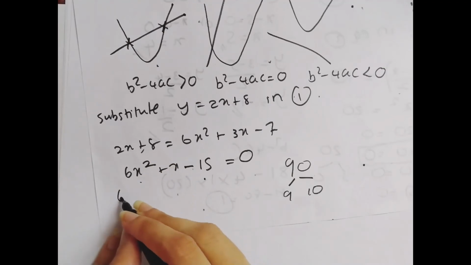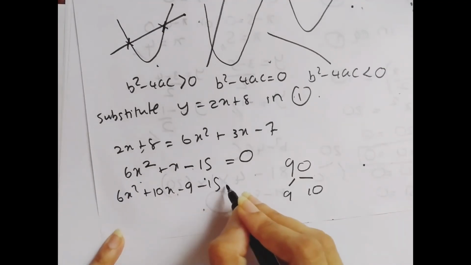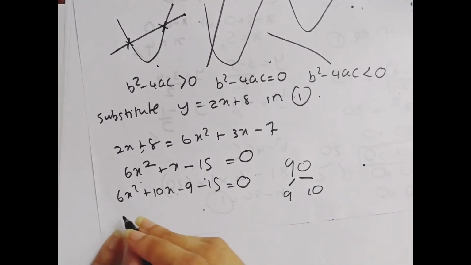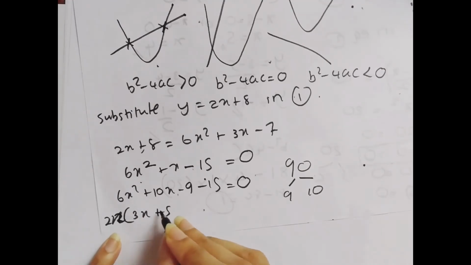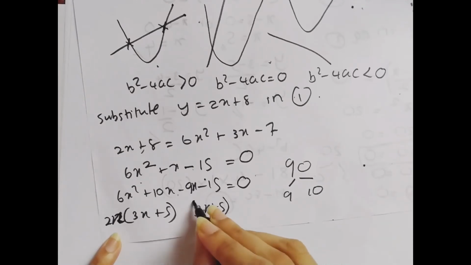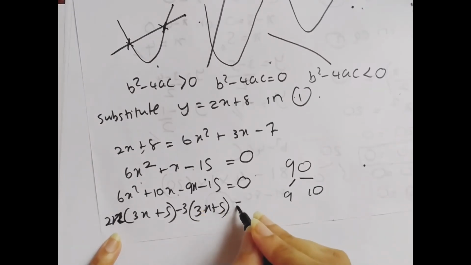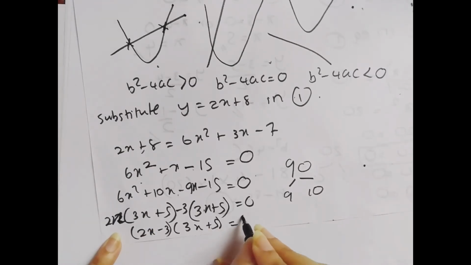So now 6x squared plus 10x minus 9x minus 15 equals 0. Then I'll take 2x out, so this is 3x plus 5. So I'll write here the same 3x plus 5 multiplied by minus 3. So 2x minus 3 times 3x plus 5 equals 0.